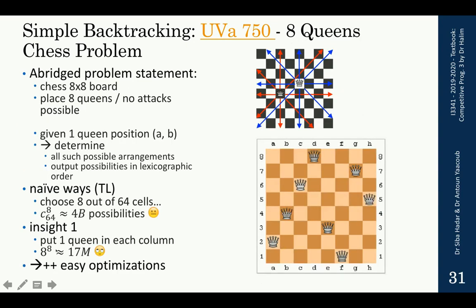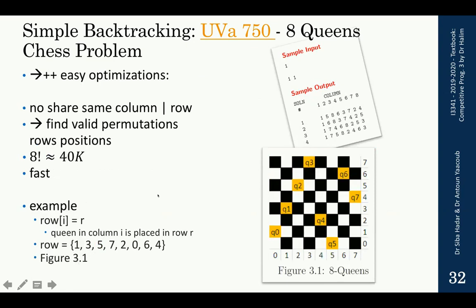So you say, if I choose the first column, what will remain is to choose the rows, and thus we have 8 to the power 8, and we reduced a big part of the complexity, so it becomes 17 million. But this is not enough. We want to make more optimizations.